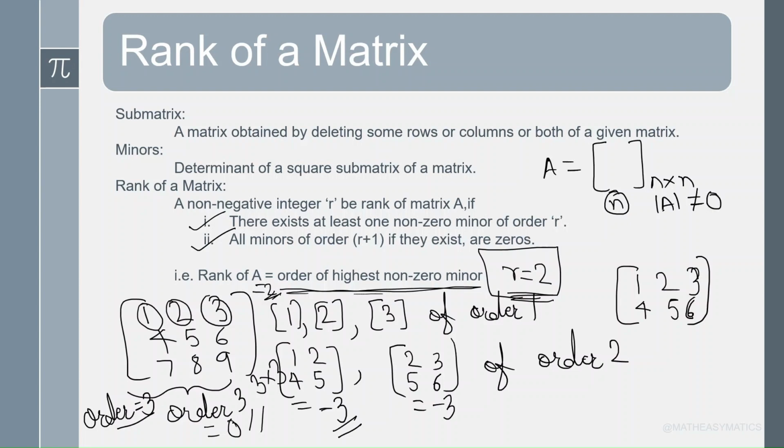If det of matrix is not equal to 0, it means it is a non-zero minor. So order of the highest non-zero minor, here n is the highest order and we get a non-zero minor. So here rank of A is equal to n.